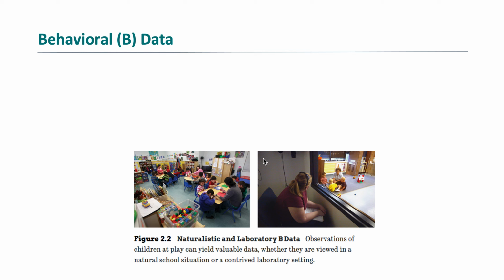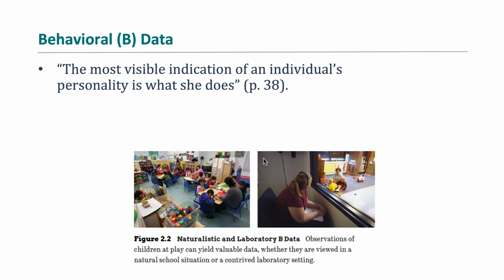So obviously we have that BLIS, right? L is life data, I is informant data, S is self data, B is behavioral data. And behavioral data is information that is carefully and systematically recorded from direct observation. And that's what's important here, is that this is going to be direct observation of a person, or at least systematically recorded.